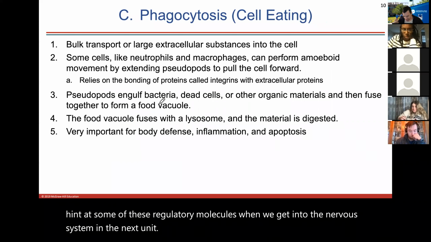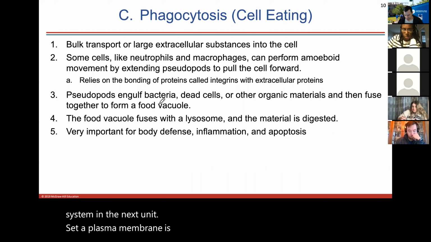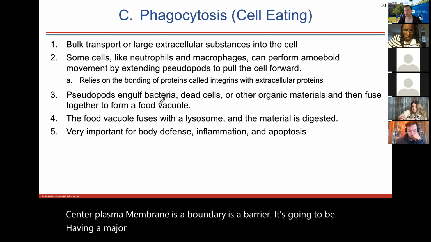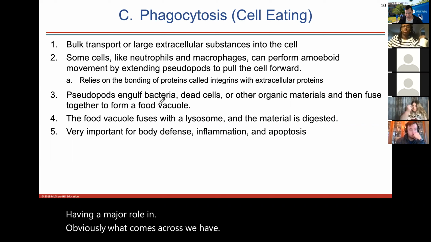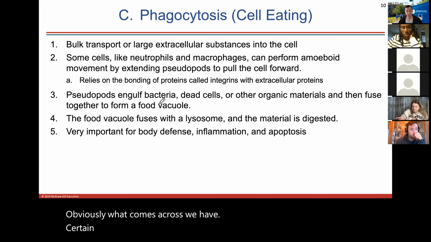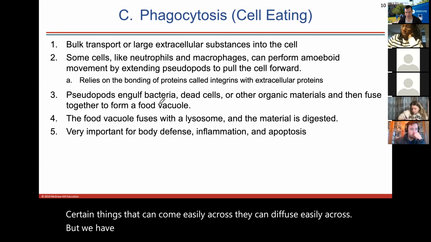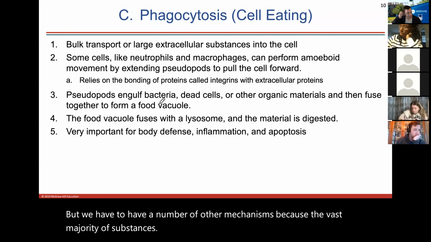Since a plasma membrane is a boundary, a barrier, it's going to have a major role in obviously what comes across. We have certain things that can come easily across. They can diffuse easily across. But we have to have a number of other mechanisms because the vast majority of substances aren't small, okay?